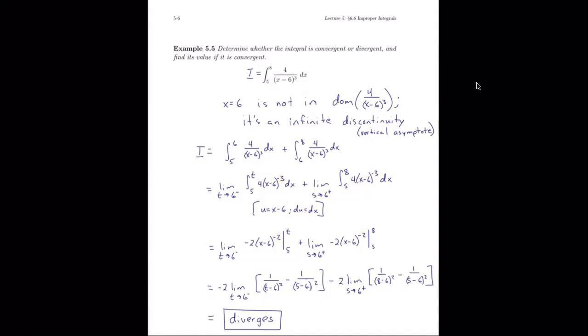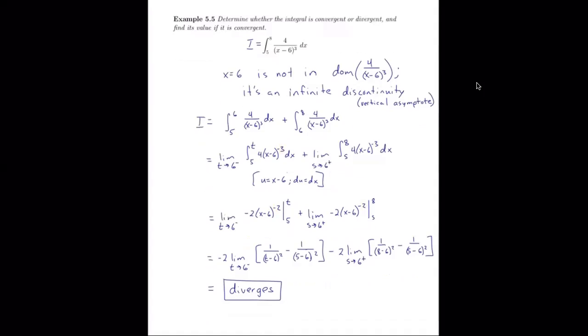And we divide by the new power, so it's 4 over this -2, and 4 over -2 is -2. Same thing happened here. 4 over this new power of -2 left us with that -2. And all that's left to do now is evaluate the limit for each of these. And the limit as t goes to 6 from the left.